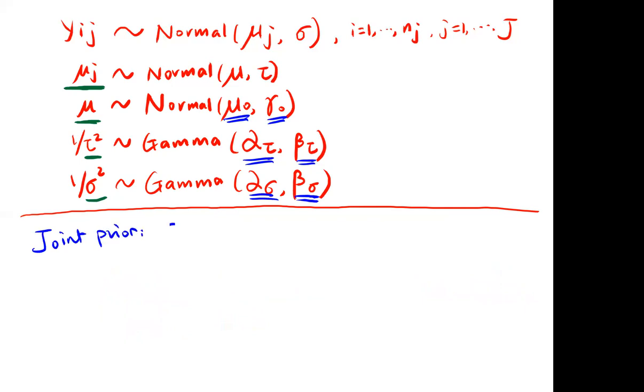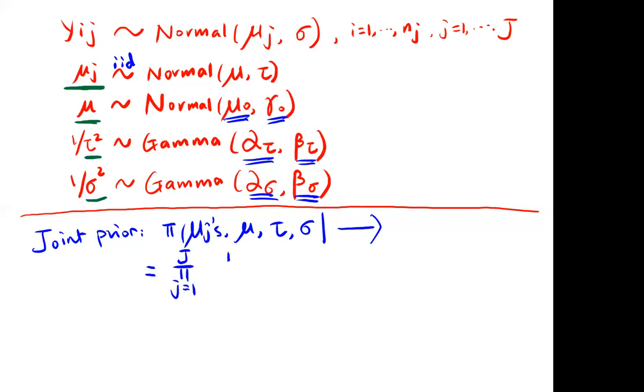We want mu j, mu, tau, sigma, given whatever that is. I'm just going to use this as a simple notation. So what do we have? We first of all have all of the mu j's coming from the same normal, and they're IID. So that tells us that we should have the product of all of the marginal univariate densities, which is a normal for each of them.